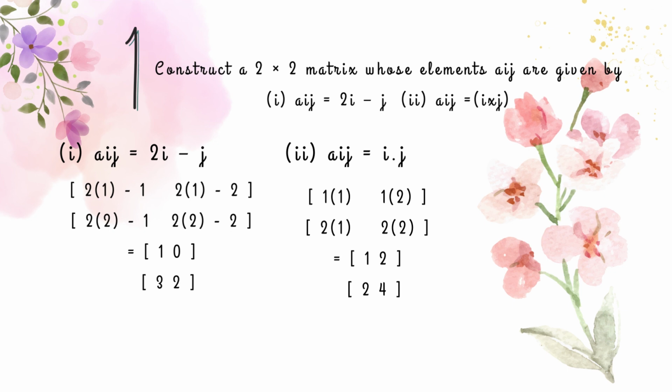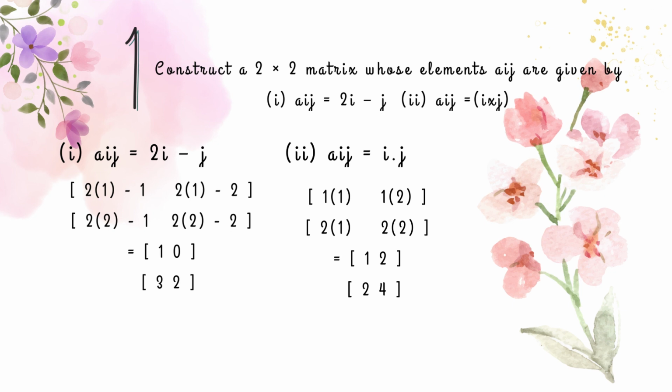Next is a12, first row, second column. So it is 2 into 1 minus 2. Next, we go to the second row, first column, we get a21. 2 into 2 minus 1.